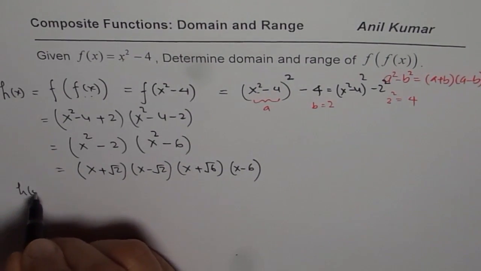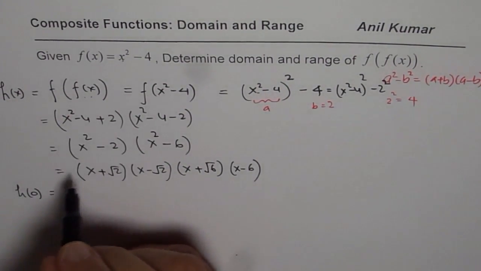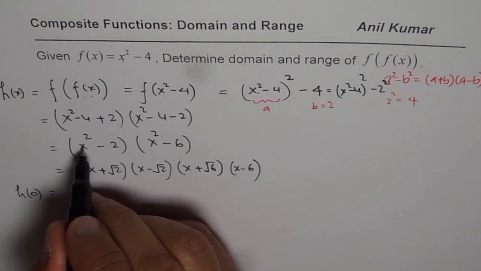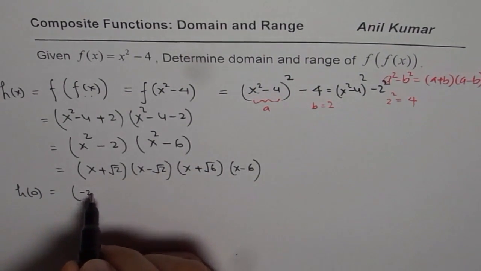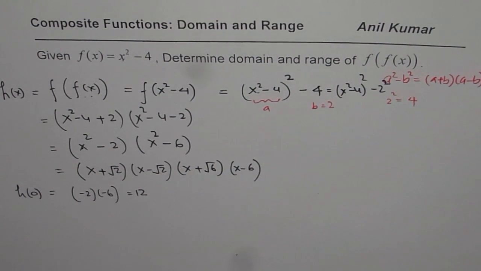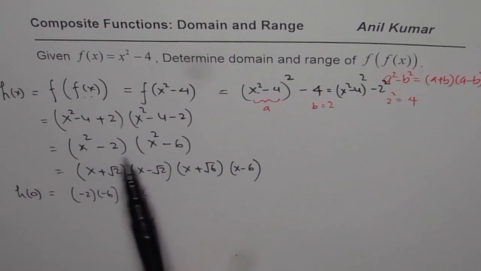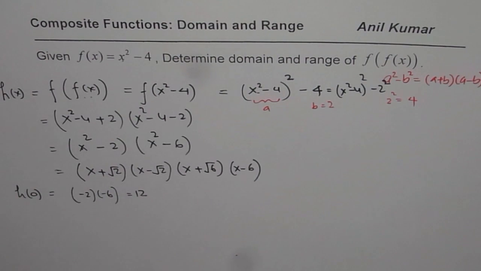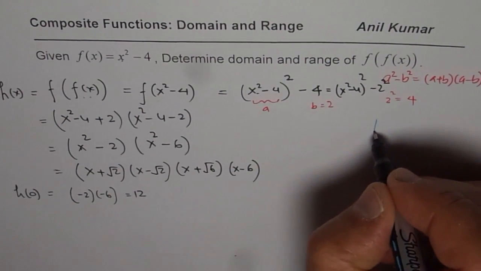Second, to sketch we may find what h of 0 is. If I replace x with 0, we get minus 2 times minus 6, which is 12. What we also see is that this function is an even function. If I replace x with minus x, I get the same function. So all this information helps us to sketch the function.